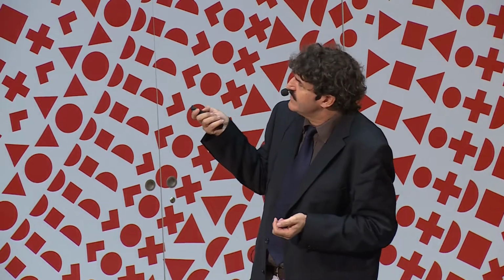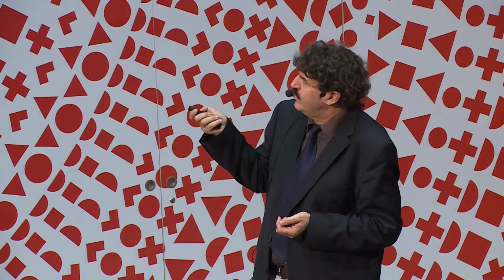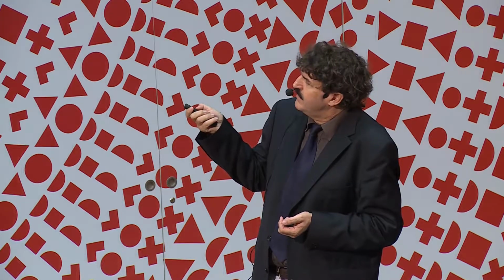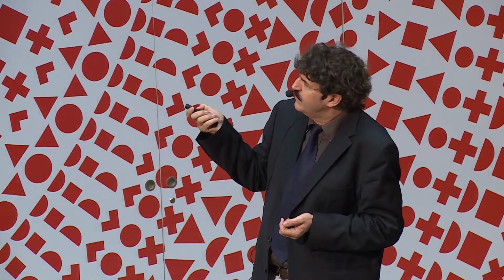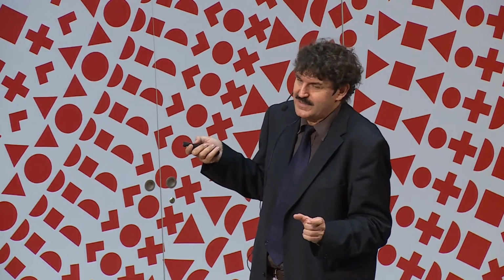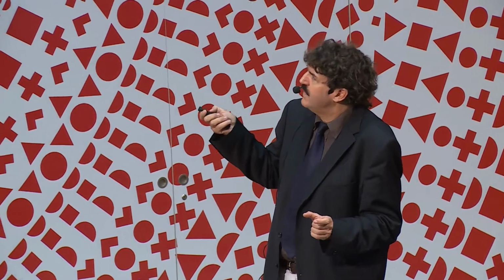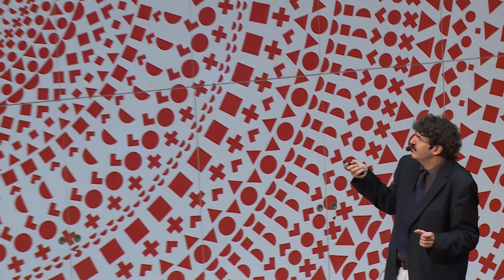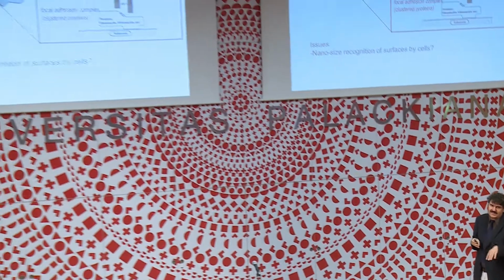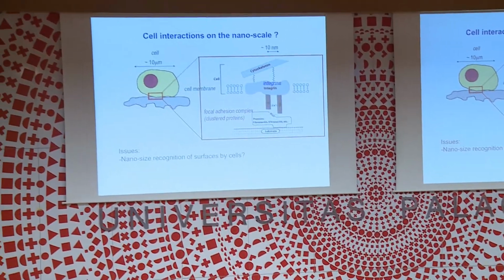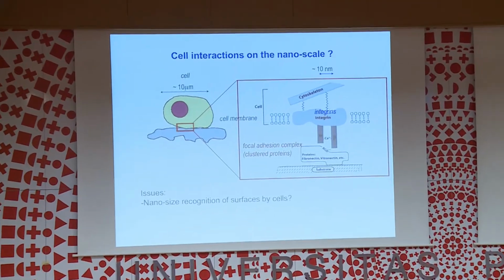And these integrins, present here in the cell wall, have a size or spacing of about 10 to 15 nanometers. So it may be possible that cells may recognize nanoscale features.